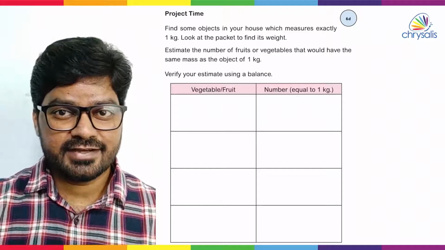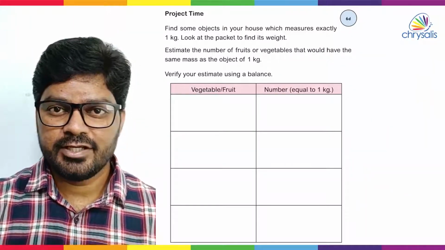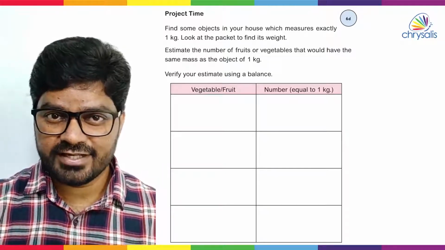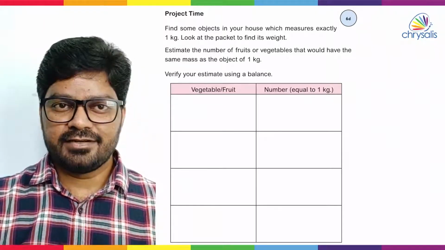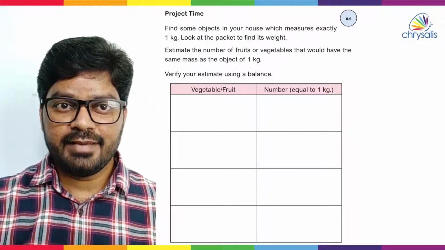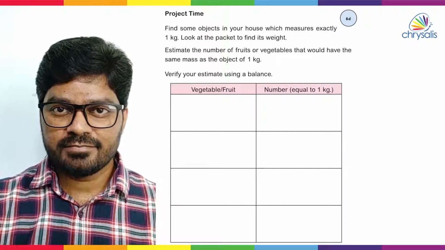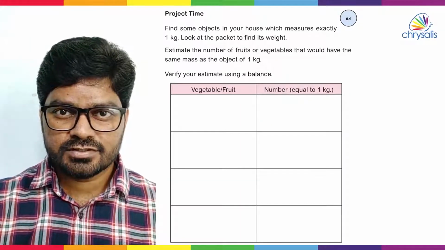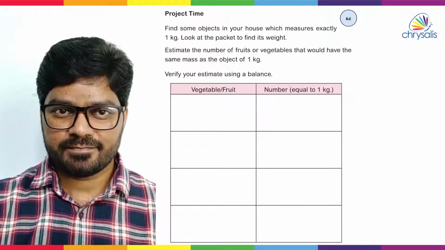If you guessed that 5 apples will have a mass of 1 kilogram, you can use a balance or act as a balance to check if it is true. Then you have to complete the given table. In the first column, you have to write the name of vegetable or fruit, and in the second column, you have to write the number of those fruits that have the mass 1 kilogram.